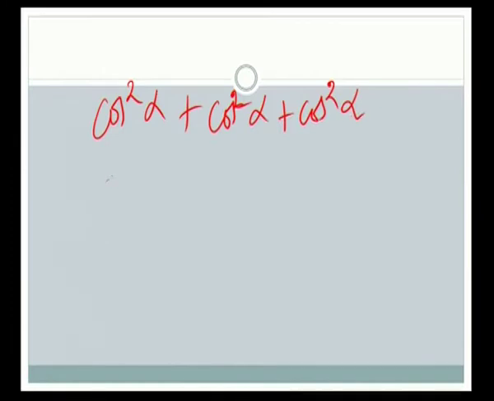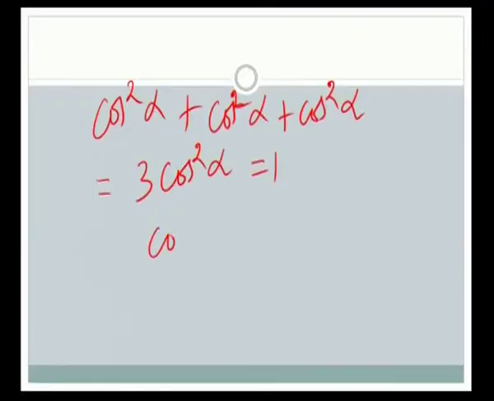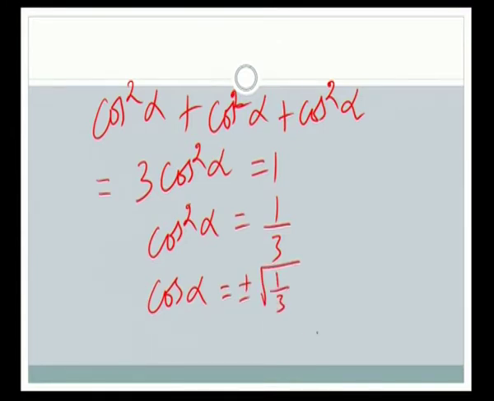The sum of the three cos square alpha gives 3 cos square alpha. According to the relation, this is equal to 1, so cos square alpha is equal to 1 by 3, then cos alpha is equal to plus or minus square root of 1 by 3, which is equal to plus or minus 1 by square root of 3.